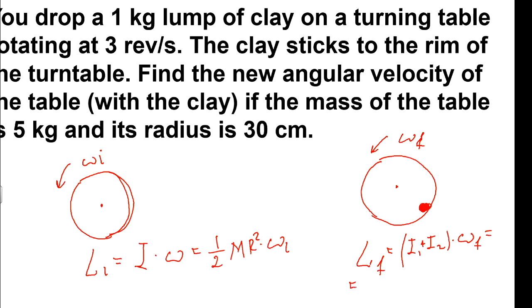I1 for the disk, still the same moment of inertia, plus, well, this piece of clay or this weight is supposed to be considered as a small mass relative to the size of the disk. And for the small mass, the expression for inertia is mr squared. And in this situation, this r is equal to the radius of the disk. That's it. Same. Just a different mass.